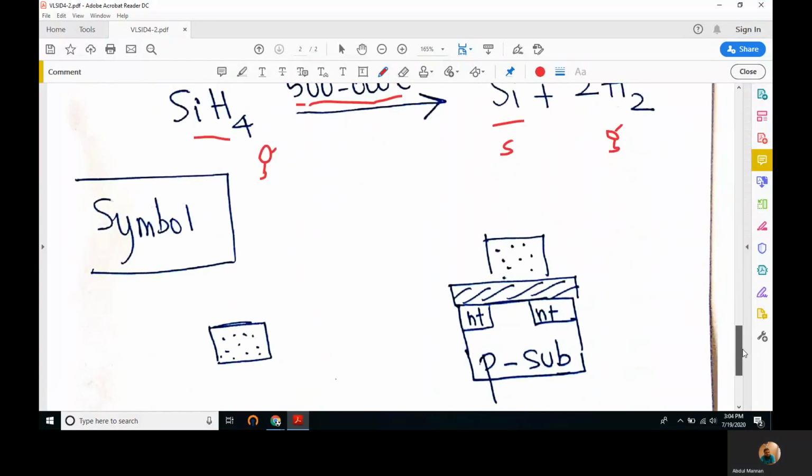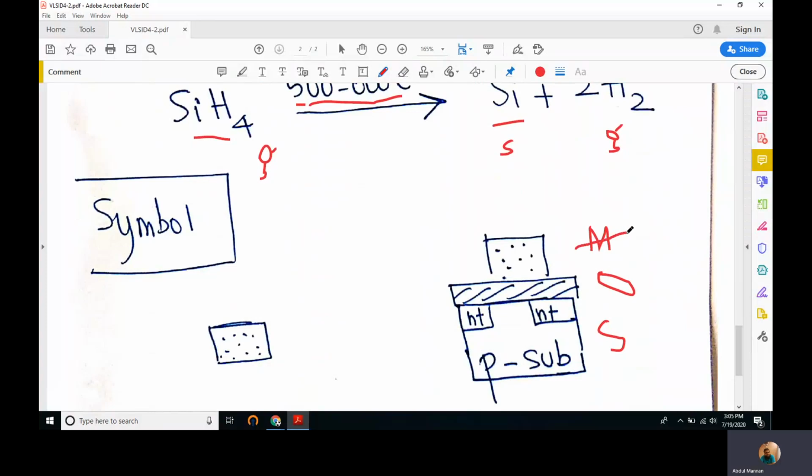The symbol of poly is this, and we know that MOS is called MOS because it is made of metal, oxide, and semiconductor. Oxide comes from silicon dioxide, this layer, and this is the semiconductor. So MOS is given the name MOS because we have a layer of metal, a layer of silicon dioxide, and a layer of semiconductor.